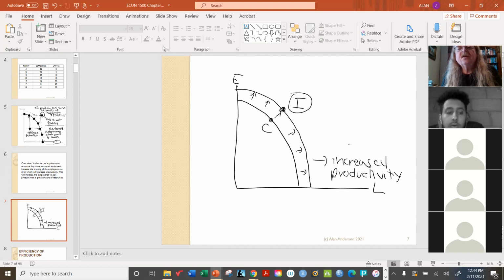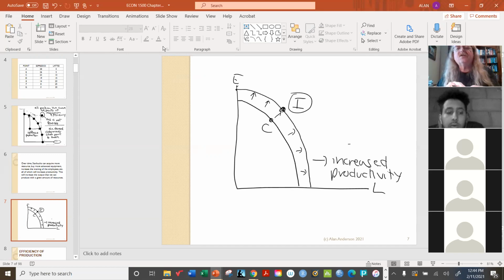And like I said, that can be caused by many different factors. We can train the employees better. We can get more coffee beans, let's say. We can buy better machinery, that type of thing. And any of those would tend to increase our ability to produce lattes and espresso.